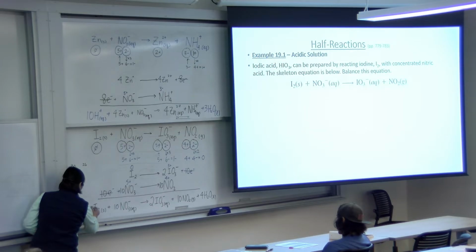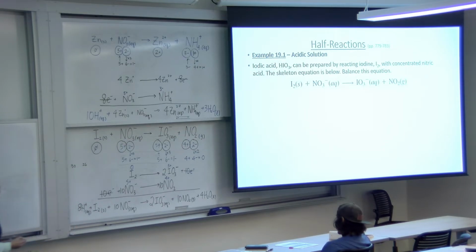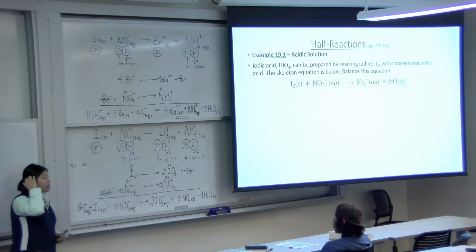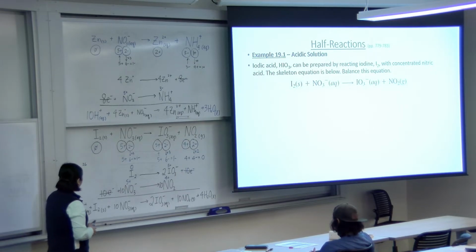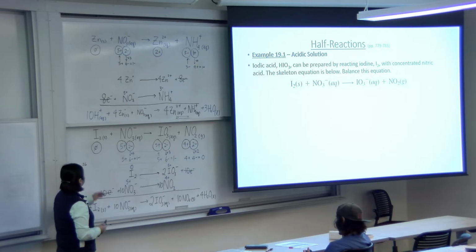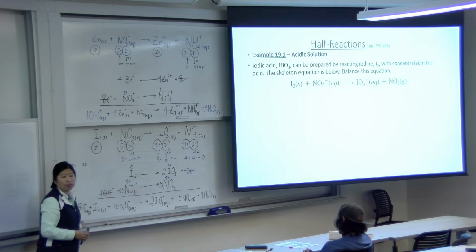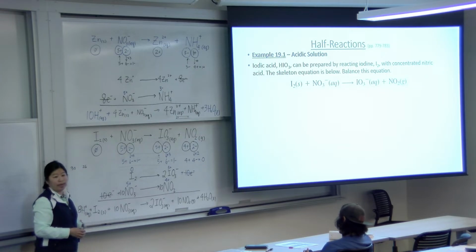Again, it should be aqueous. And we are done. Both of these examples are redox reactions in acidic solution or acidic media. And we know this for a fact because there are H pluses always at the end floating around. Is that clear?